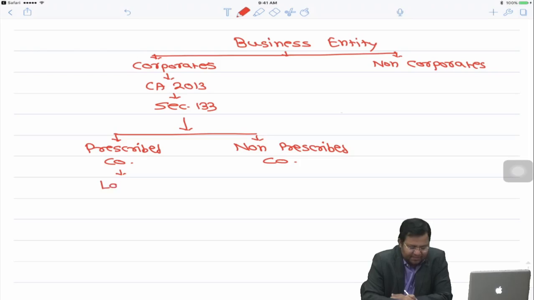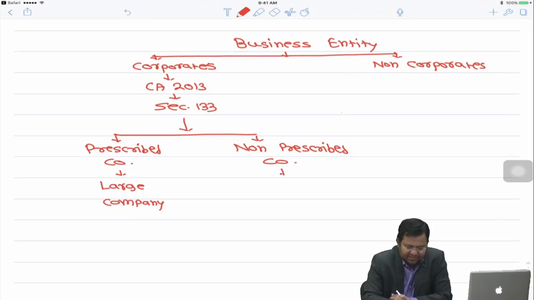Prescribed companies are basically large companies. Non-prescribed companies are small and medium scale enterprises.